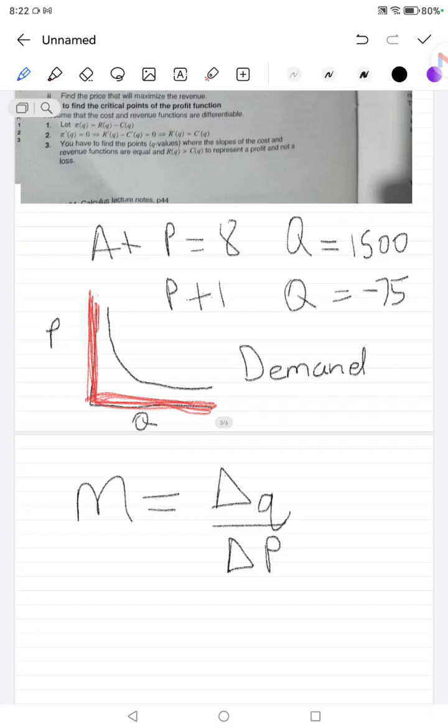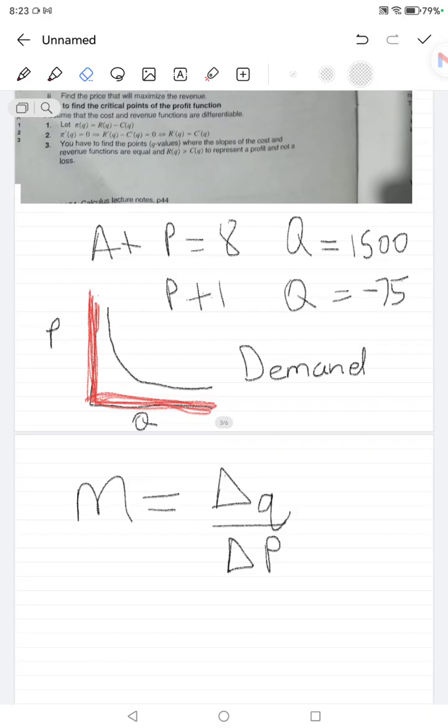I know we did these things in grade 11 and grade 12, but sometimes you just quickly do the calculations, and when your scripts come back, you find out that you did delta p over delta q. It's easy to miss.